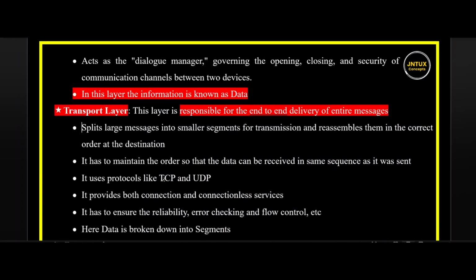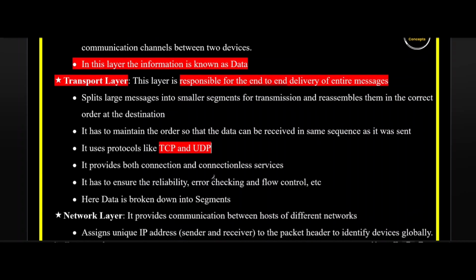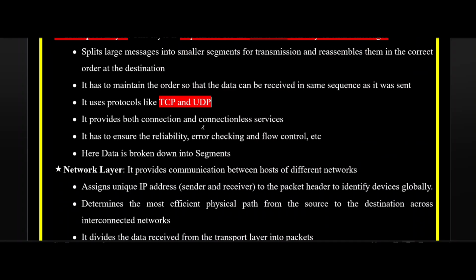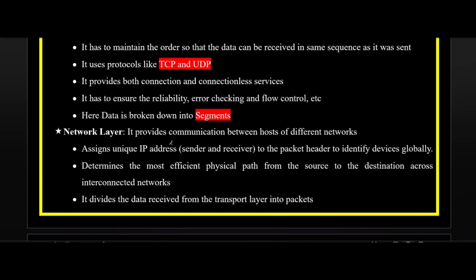It uses protocols like TCP and UDP. It provides both connection-oriented and connectionless services. It has to ensure reliability, error checking, and flow control, etc. Here, the data is broken down into segments, and the information is called segments instead of data.